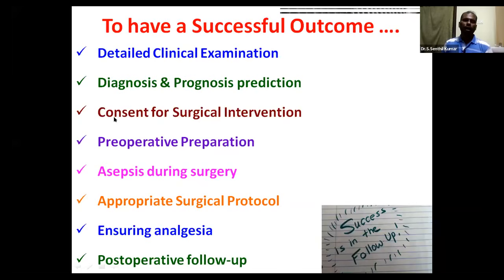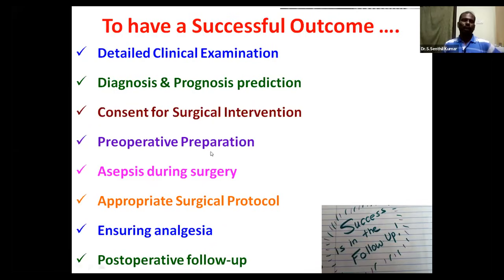And always try to get an informed consent for surgical intervention, because you are going to use some anesthetic protocol, and this anesthetic protocol is going to carry a risk. So that has to be informed to the owner, and consent should be obtained before you administer any anesthetic to the patient.